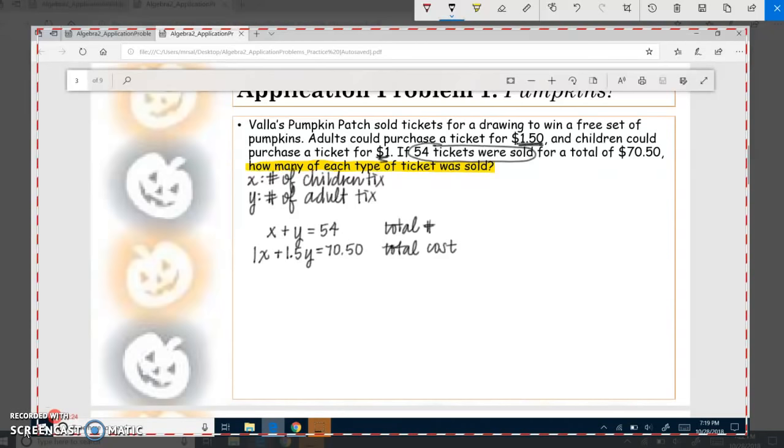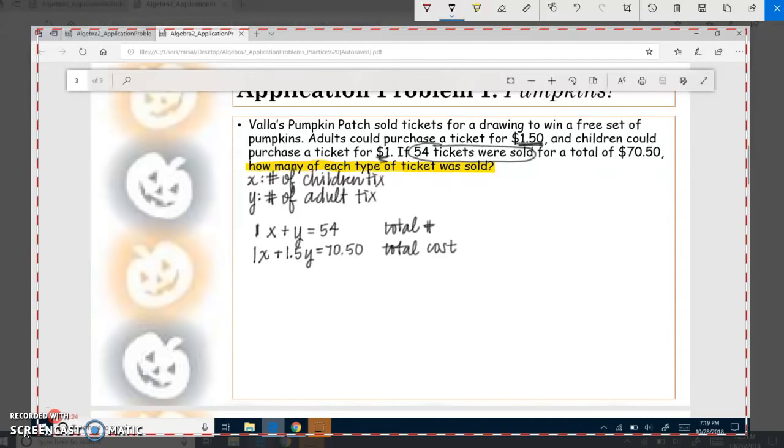So then we want to ask, should we use elimination or substitution? Oftentimes, substitution can be easier with application problems. The exceptions are going to be where it's very easy to cancel things out and to use elimination. So in this case, notice how I have an X here and there's really a 1 in front of it.